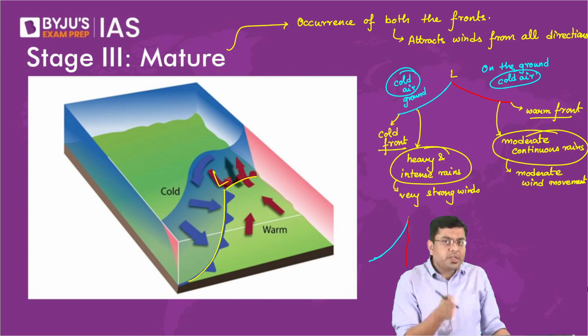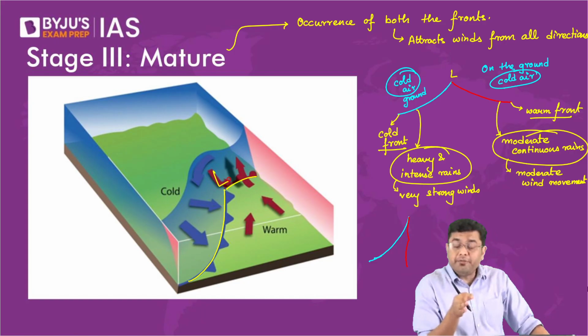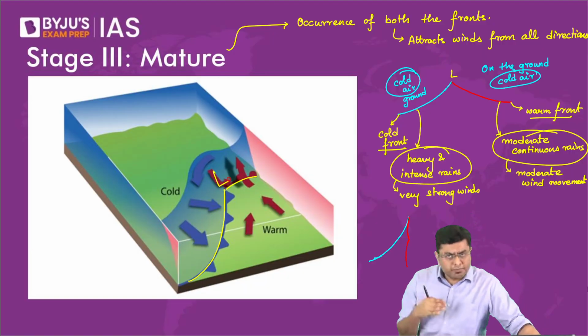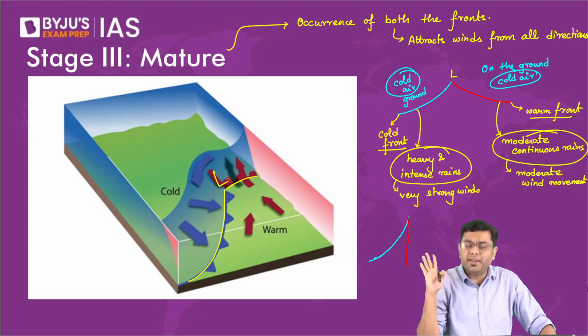Now, in the region where you have a cold front, you will experience very heavy rainfall, a kind of a thunderstorm, violent weather activities, strong wind movement. In the case of a warm front, as we have seen earlier, you will have light to moderate rainfall, weaker wind movement in general because the warm air is slowly and easily climbing up.